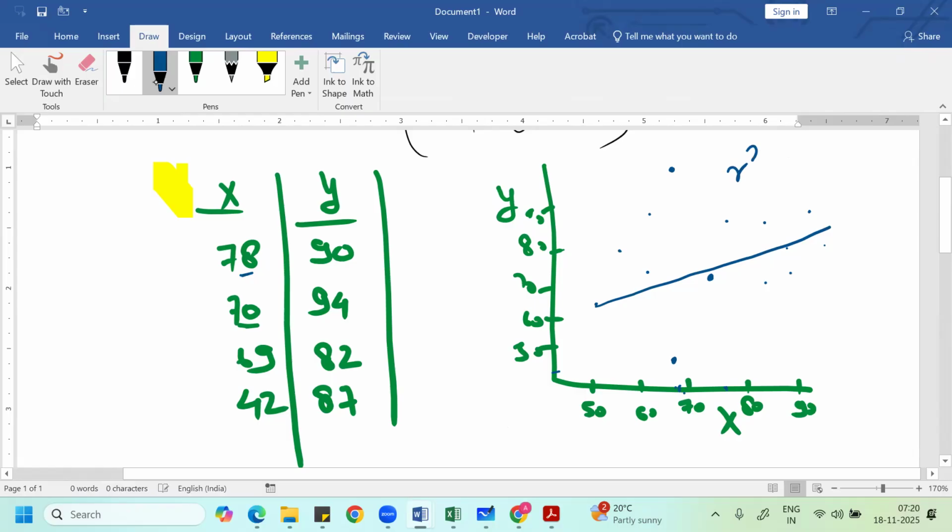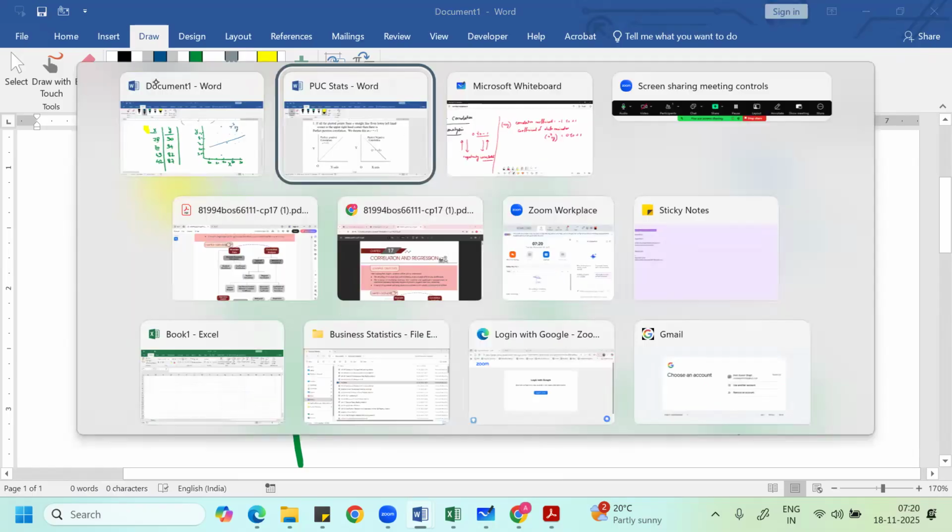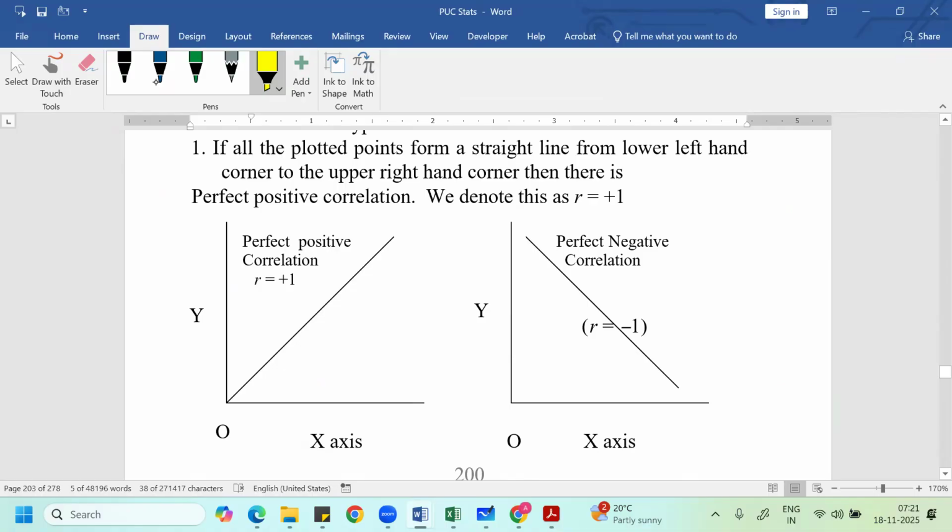That strength is measured by the coefficient of determination. The higher the value of the coefficient of determination, the stronger the relationship. And when you get this form of visual, it is a perfectly positively correlated variable.